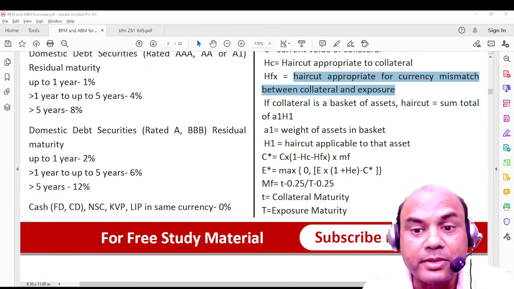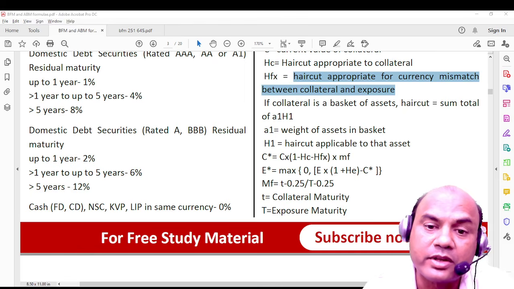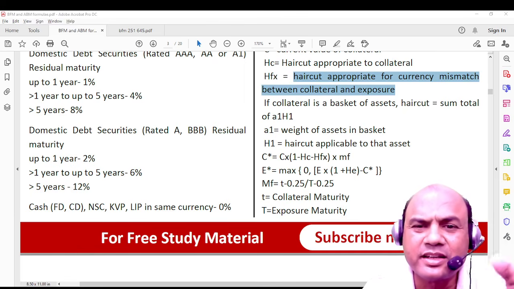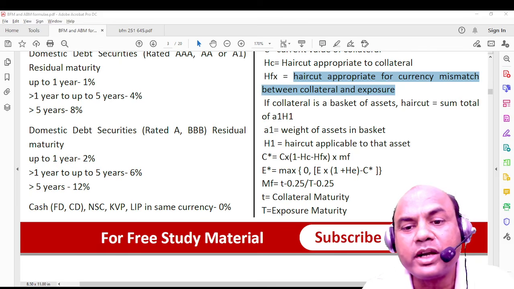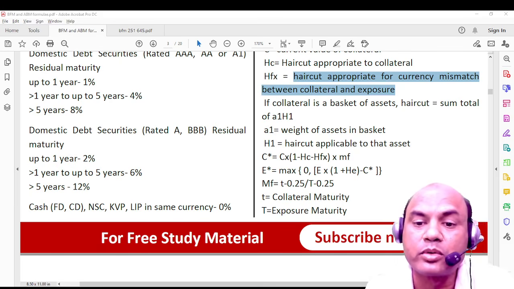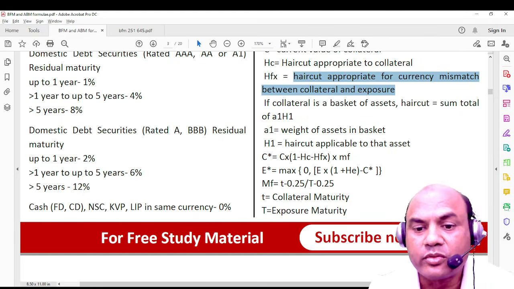If it's a basket of assets, then the sum total of Ai into Hi, basically this weighted average. Ai is the weight of assets in the basket and Hi is the haircut applicable to that asset. Got it?